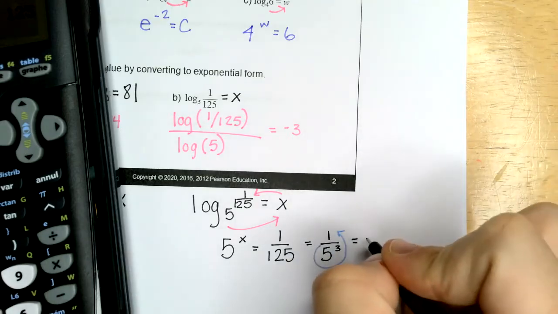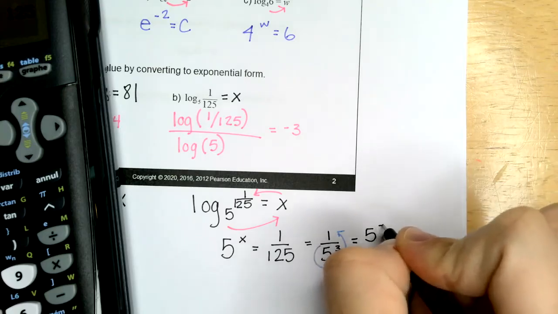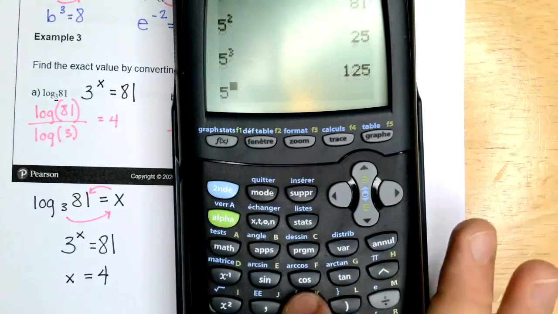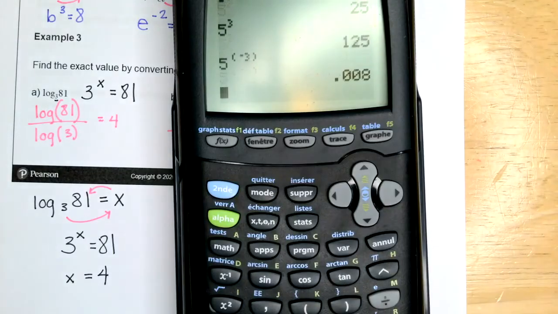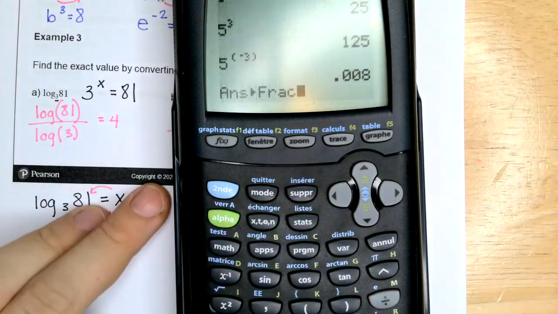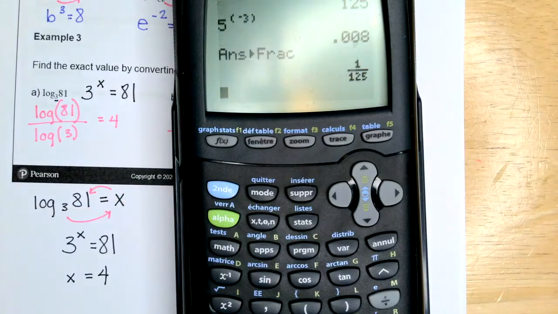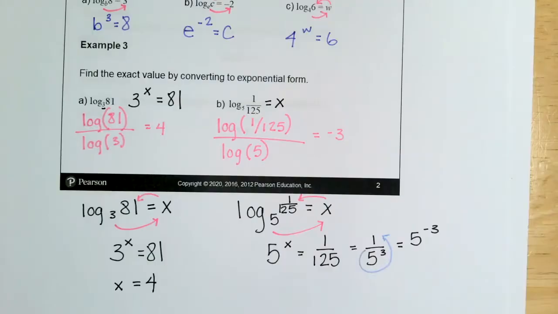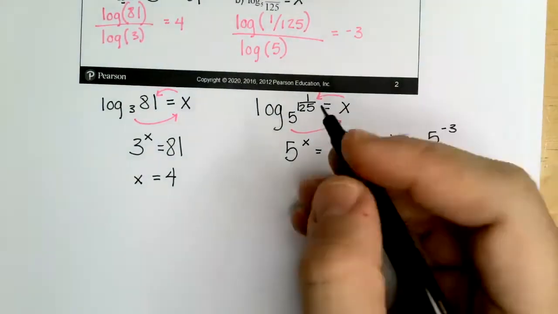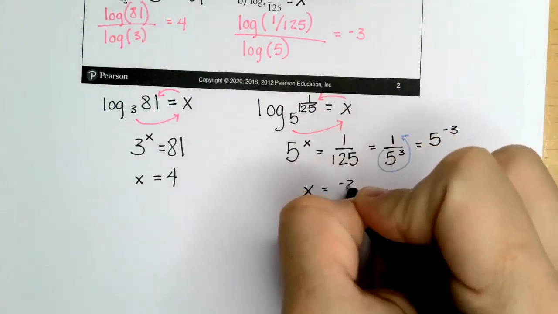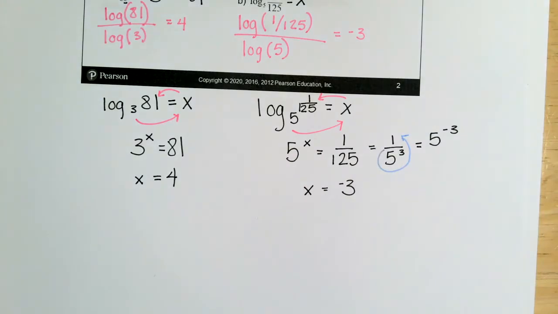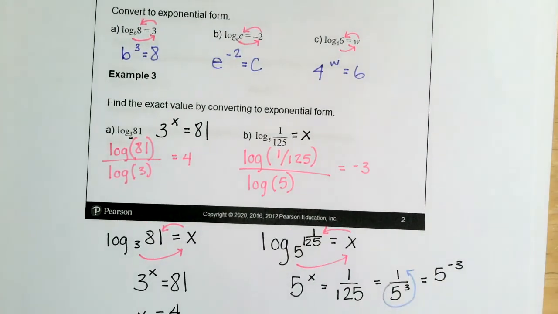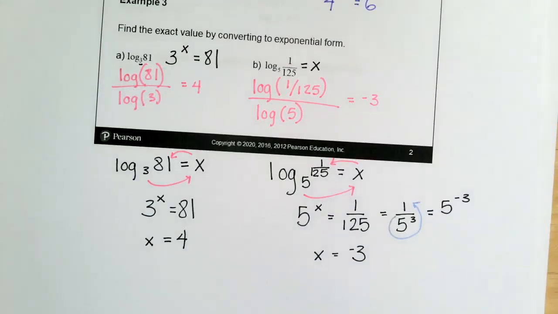I make it the opposite, right? So that's 5 to the negative third. Let's try it. 5 to the negative third is 1/125. Negative 3. So x is negative 3. You can solve it using your calculator, or you can solve it using logic and what you know of exponents.